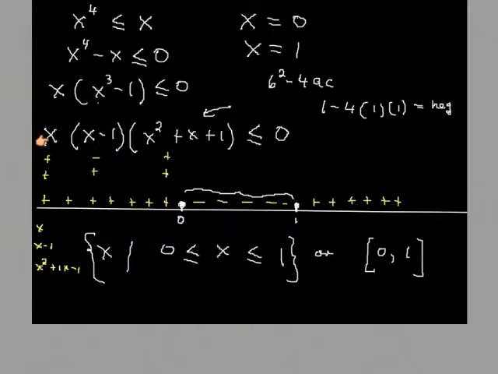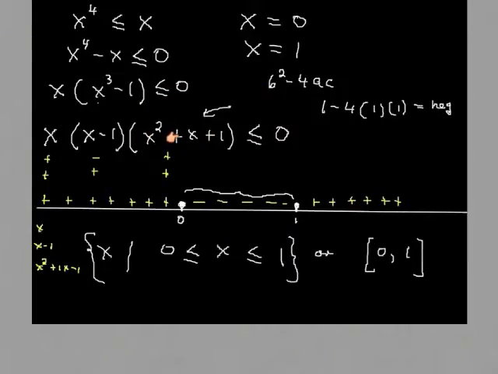Now you want to take each factor, set it equal to 0, and solve for x. x is equal to 0, x is equal to 1, and we need to figure out what the discriminant is here. The discriminant, by the way, is b squared minus 4ac. If it turns out to be negative, then there is no real solution here.